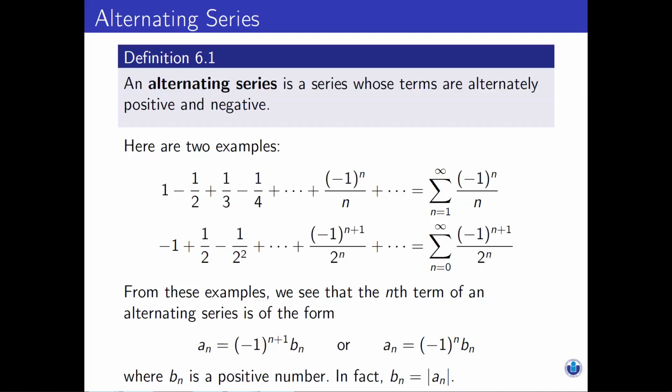So we require that our series has this property that an and an plus 1 is negative for all n, so that the signs of an and an plus 1 are opposite.